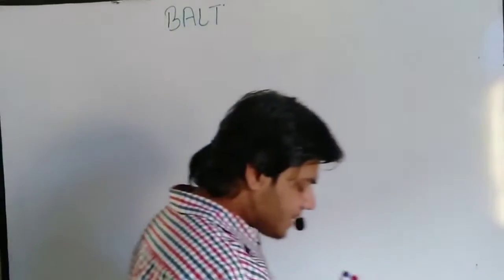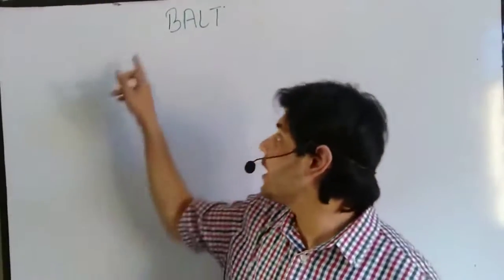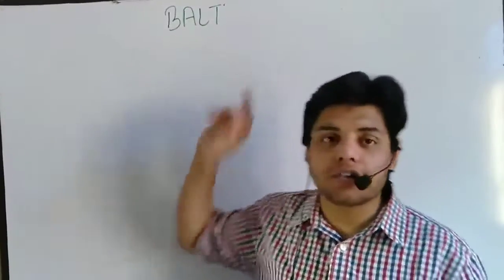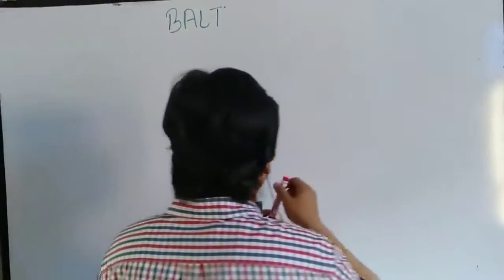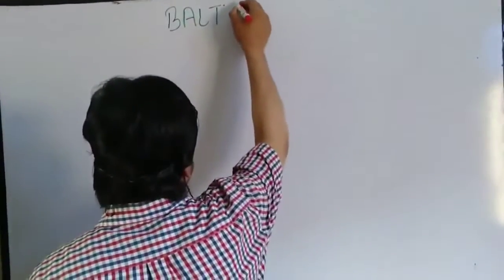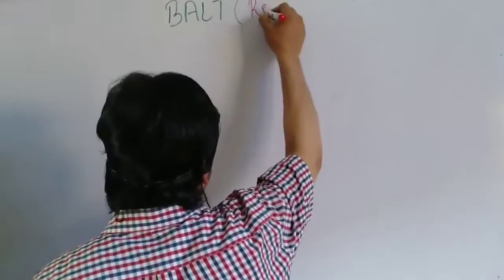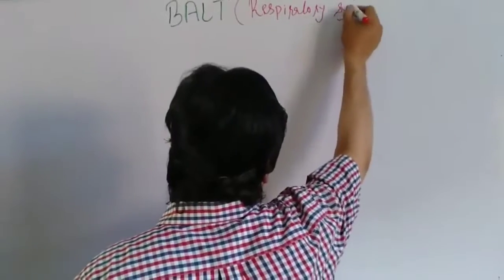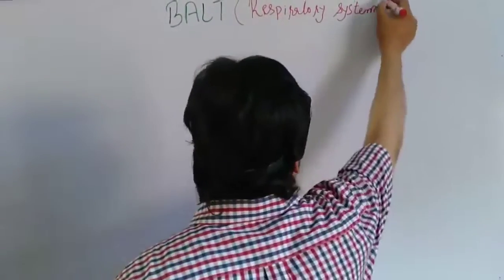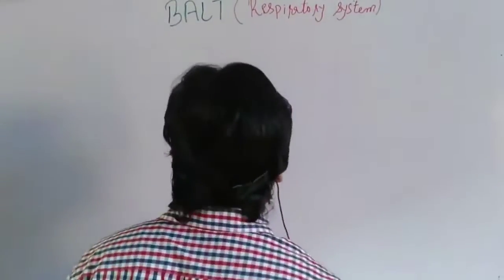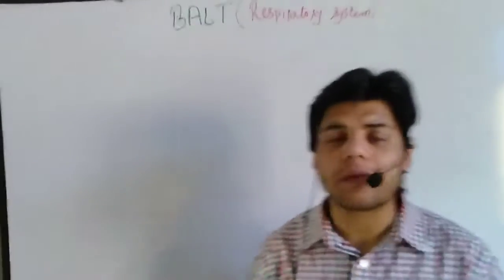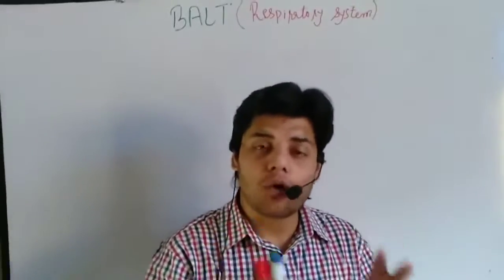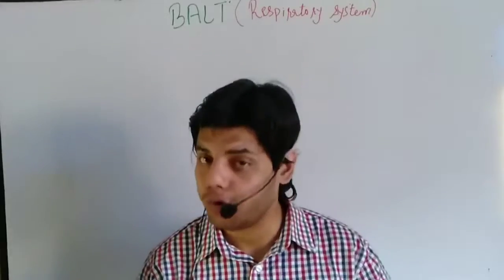Now this BALT stands for Bronchus-associated lymphoid tissue, and it is present inside the respiratory system. Now this respiratory system is again a formidable, strong, powerful defense system.